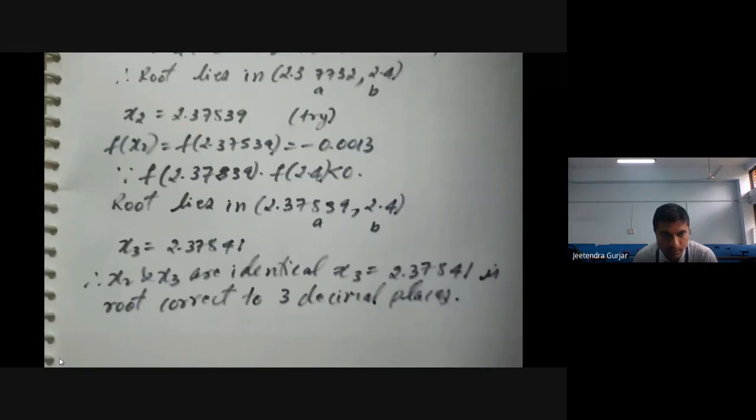So it is 2.37839, and here we have 2.37841. So therefore, everyone has got the answer. Attar has got the answer. Yes, Aditya has got the answer. Rashmi has got the answer. So 3 decimal places is enough. 2.3784.